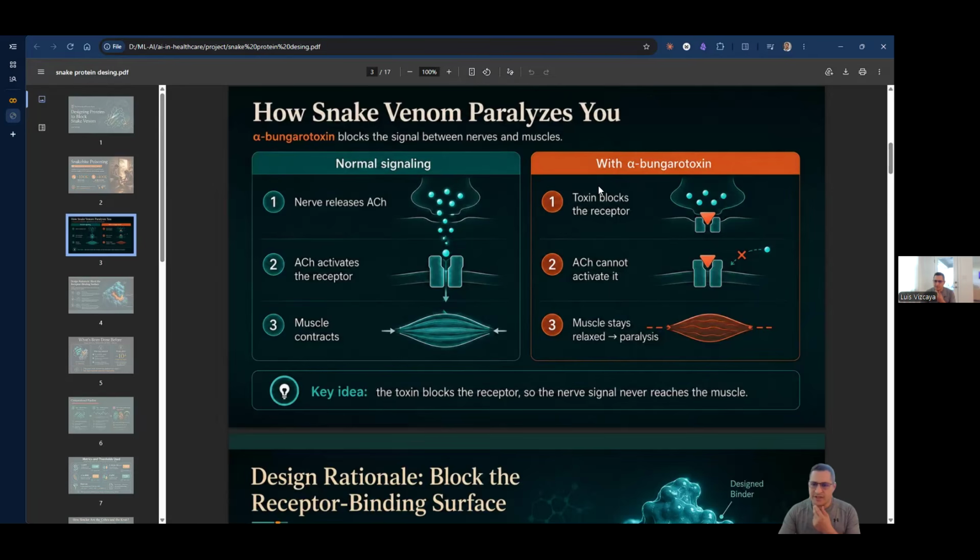The toxins from these elapids block the receptor of ACh, and the muscle doesn't move. Eventually the animals who receive the bite die because of respiratory crisis.